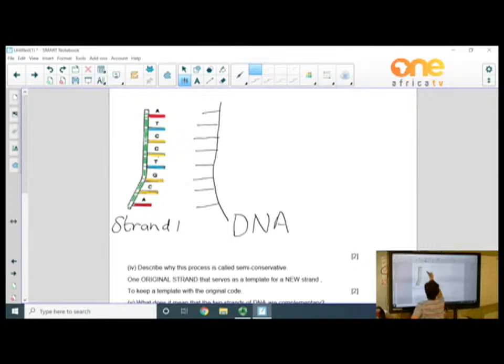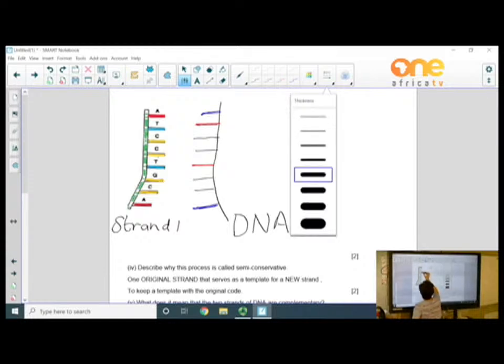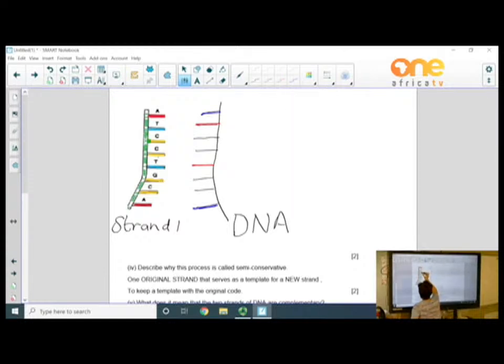A will link to T. That will be a blue one. There's another A, T. And T will link to A. That one will be a red one. And then G and C. Let's make C green. It will link to a yellow, and G will be green.